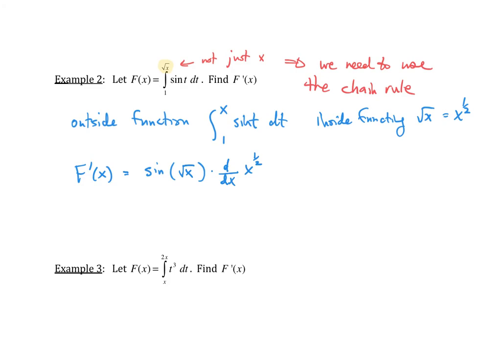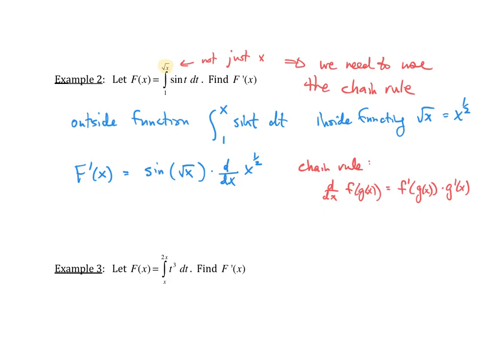Okay? So just to make it perfectly clear, we just applied the chain rule, which was: when you want the derivative of a composition of two functions, f composed with g of x, you take the derivative of the outside, you keep the inside, and then you multiply by the derivative of the inside.